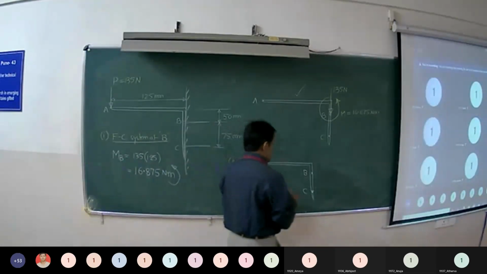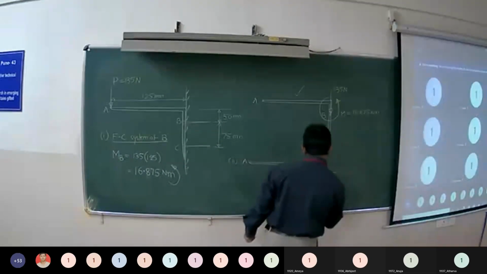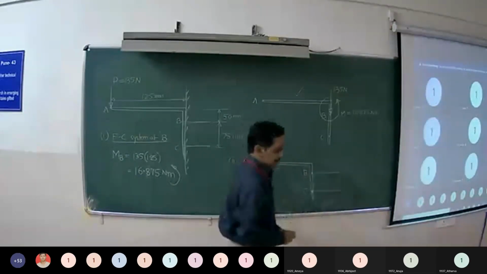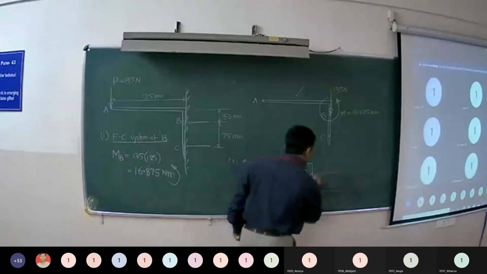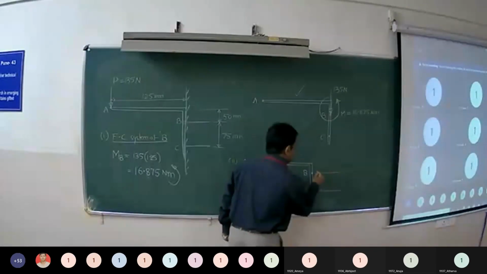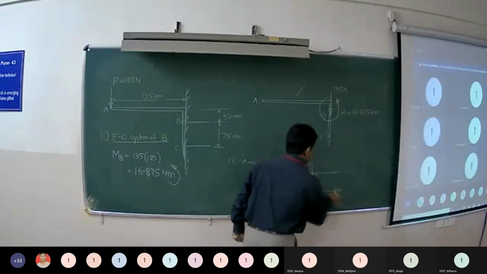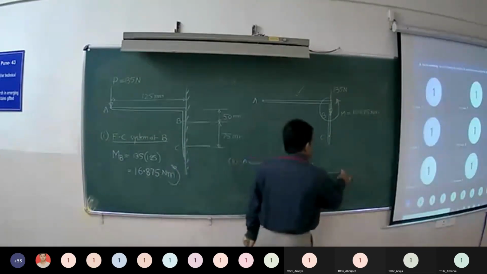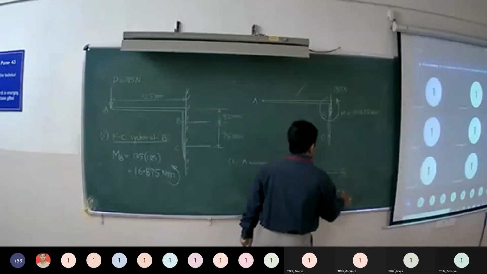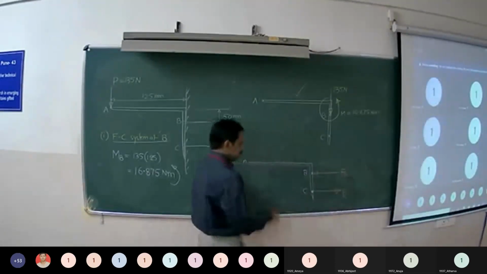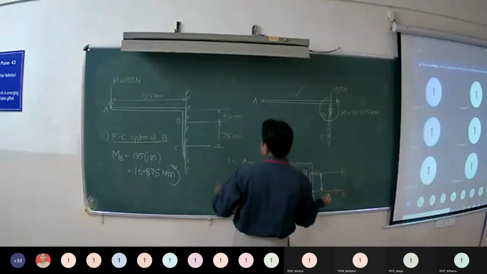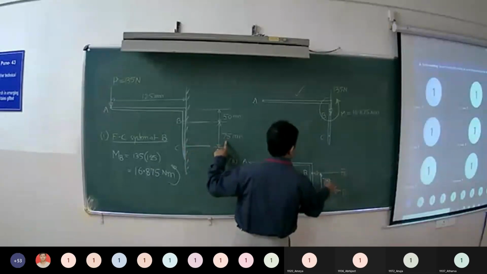Here you have to apply two horizontal forces in such a way that these two forces will form an anti-clockwise couple. For that, what should be the direction? At B, the force must act towards left, and at C, it is acting towards right. Right? So it is FB, FC. The distance between them is 75 millimeters.